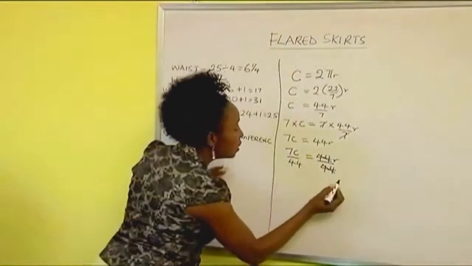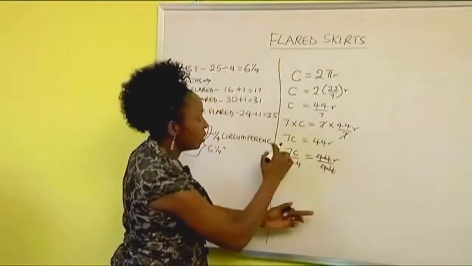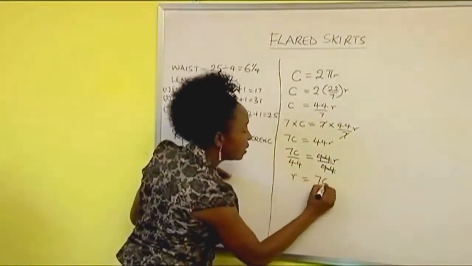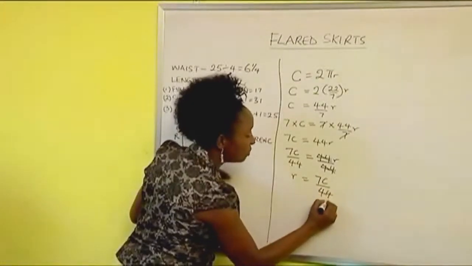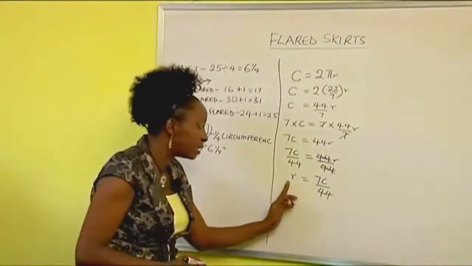So now, I'll change this to the other side, and that will be r equals 7C/44. Easy.